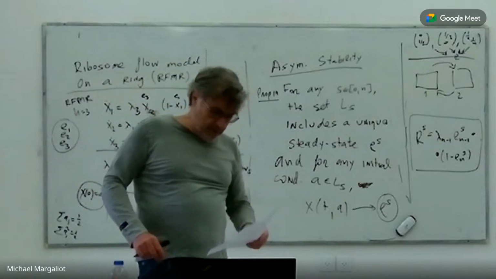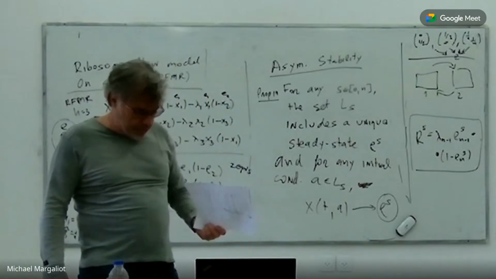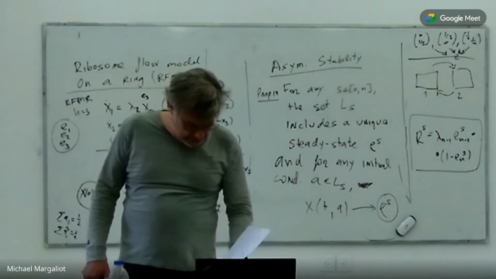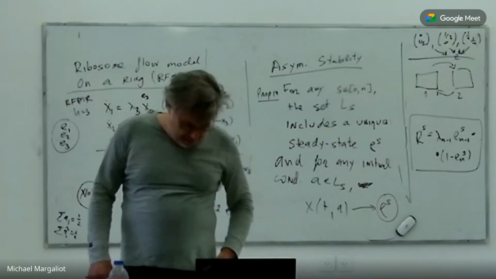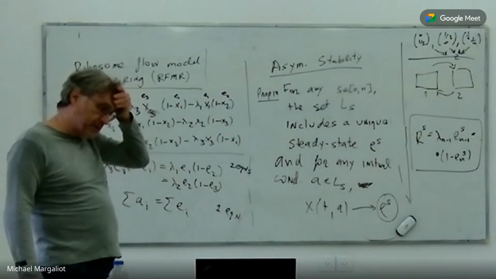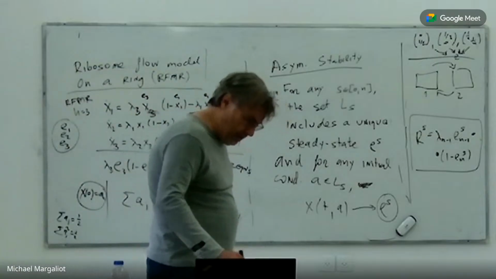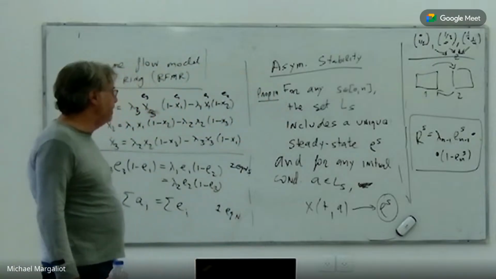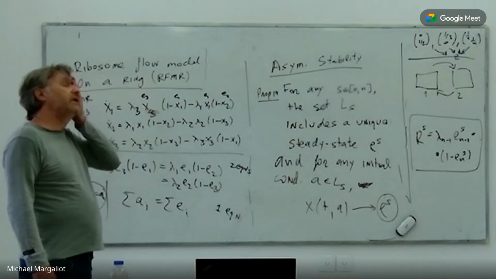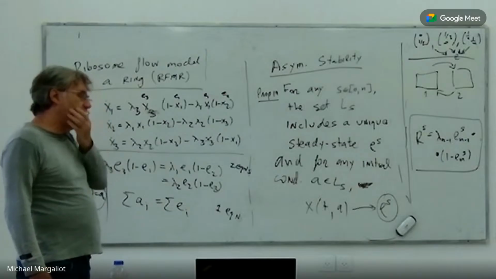Okay, so in the next talk, we will talk a little bit more about the RFMR. There is an interesting spectral representation here for the optimal steady state flow. I will speak about this. And then we will see that from this spectral representation, we can actually get the spectral representation of the RFM.